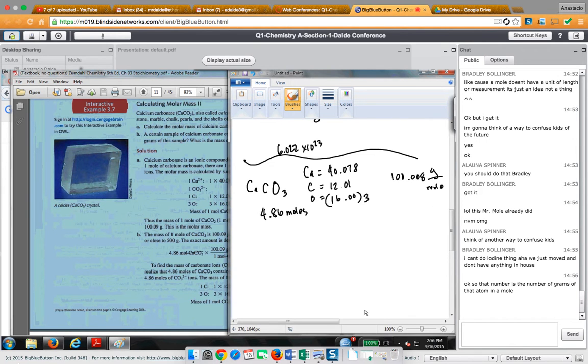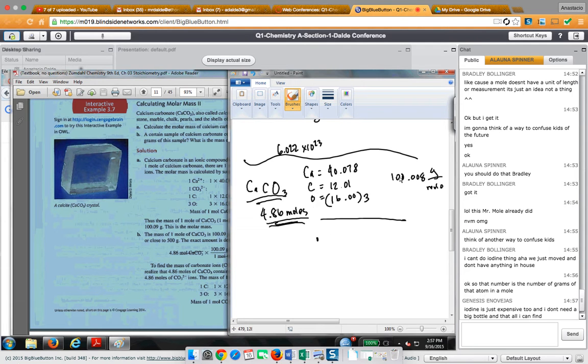So this is calcite. This is how many grams 1 mole of calcite would weigh, 100.008 grams. Now I have 4.86 moles, and I want to convert this to grams.